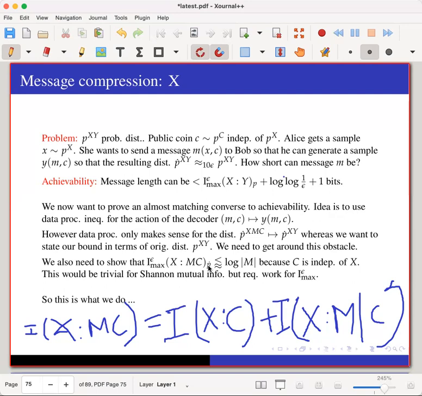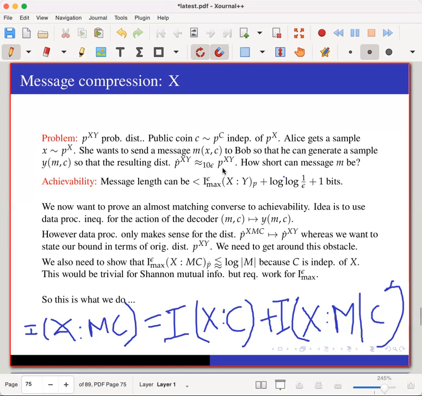So I can say that the mutual information from X to MC is greater than the mutual information from X to Y, true even for the smooth max thing, but for P dot. Then I'll end up proving that the lower bound of the message length is some mutual information between X and Y in terms of P dot. But I don't care about P dot. I care about P.